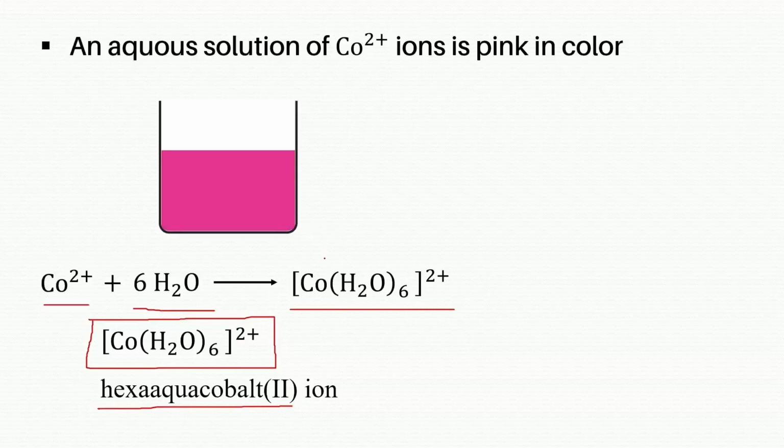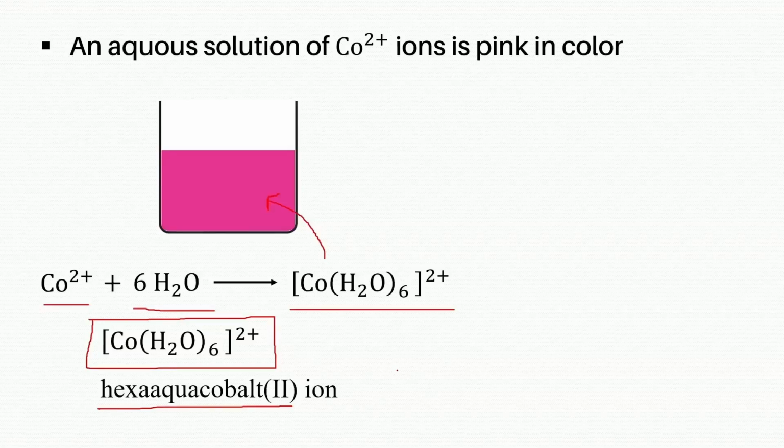This complex ion is responsible for giving this pink color to the solution. The color of this complex ion is pink. Now you can explain the reason for this pink color.